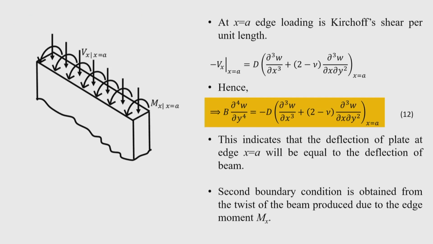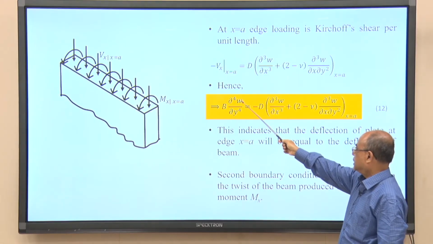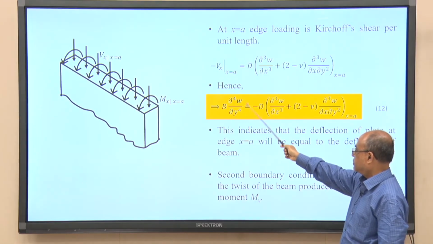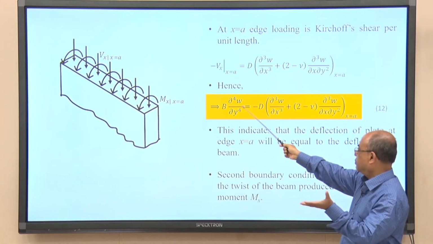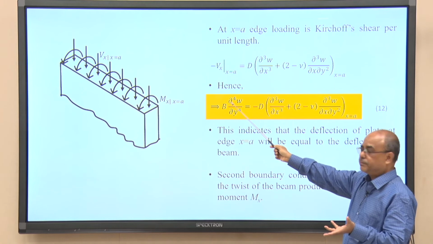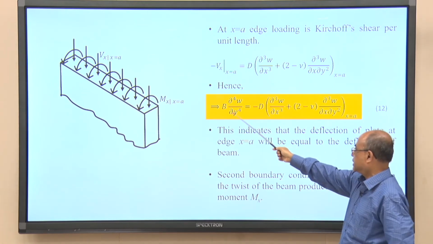So, for the beam, the deflection is to be written as a fourth order equation, E I del 4 W del y 4, that is the very well known differential equation for beam deflection subjected to a uniformly distributed load, for constant cross section.